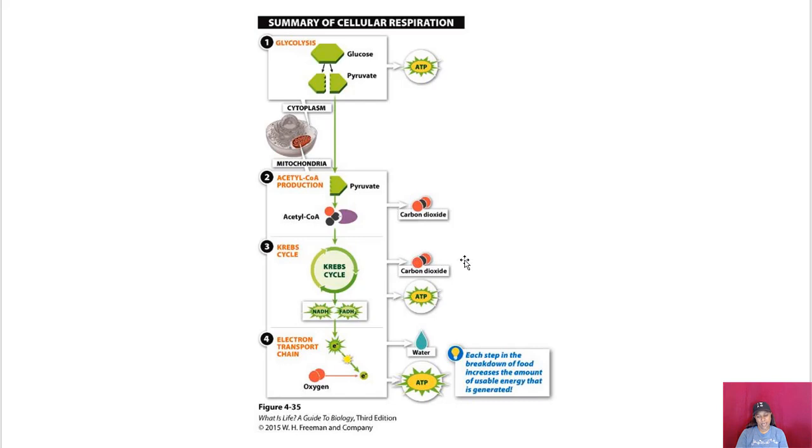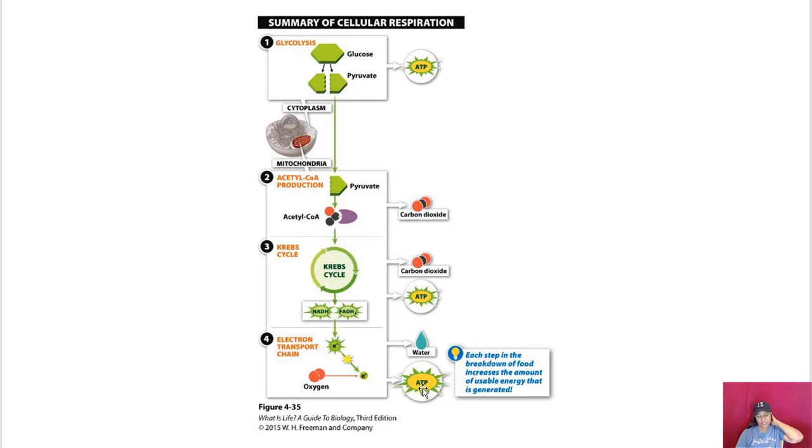We're getting out CO2. That's where our CO2 that we breathe out is coming from. We're getting out ATP, right? We're getting water. And we're also getting, in our last step, even more ATP.